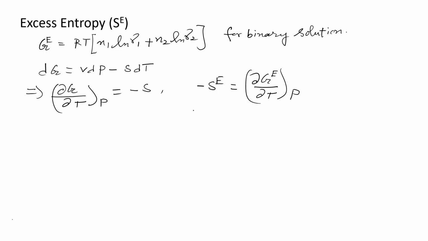So from here we can write excess entropy is equal to minus del of excess free energy divided by del T at constant pressure. Right?